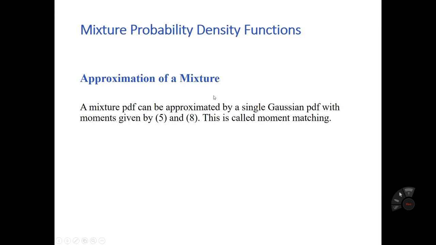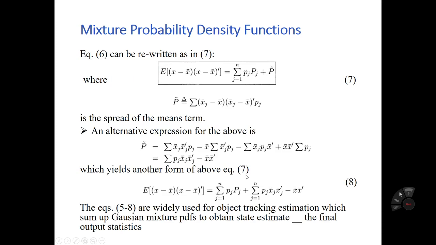Now, a mixture PDF can be approximated by a single Gaussian PDF with moments given by 5 and 8. So why do we approximate by a single Gaussian PDF? Because otherwise there are j values, and it will be difficult to propagate j values of the object state to the next time scan.